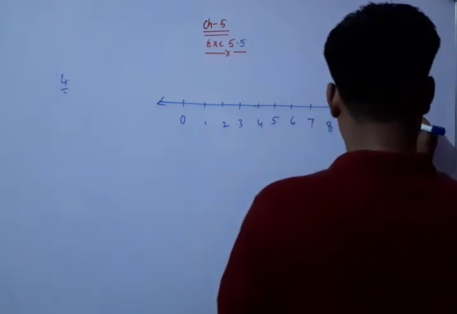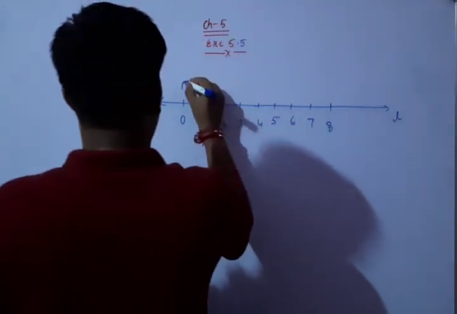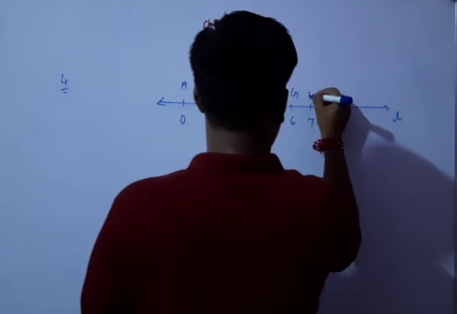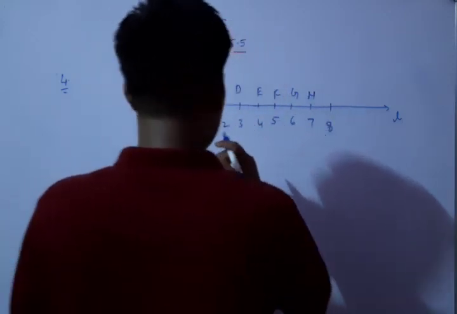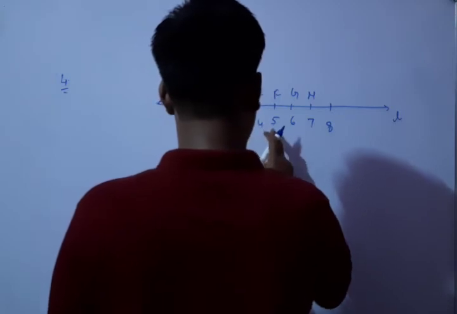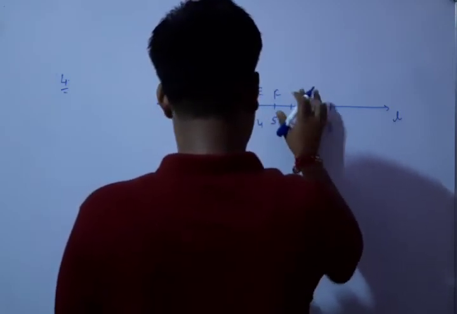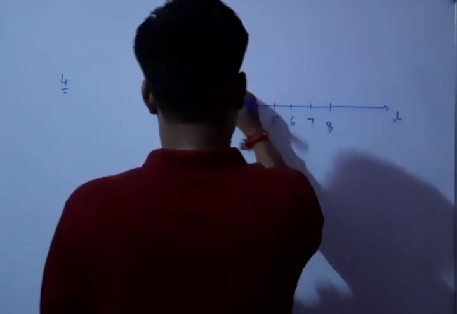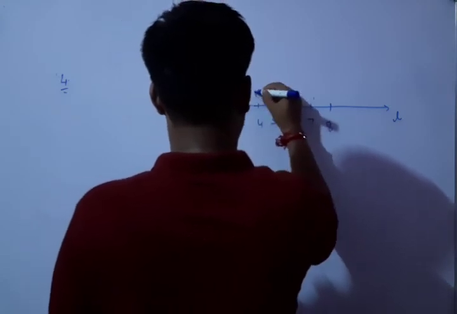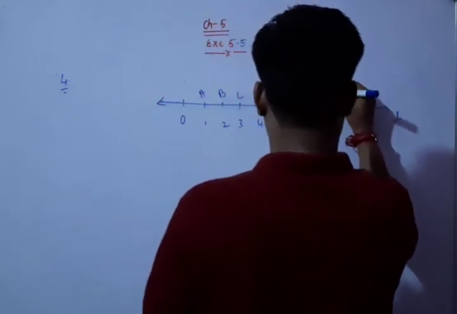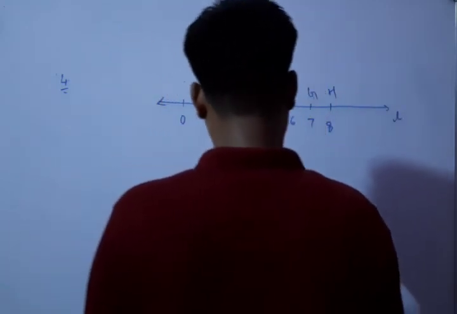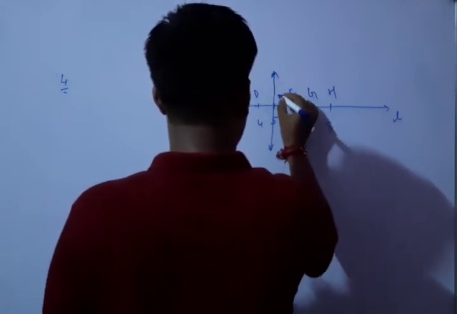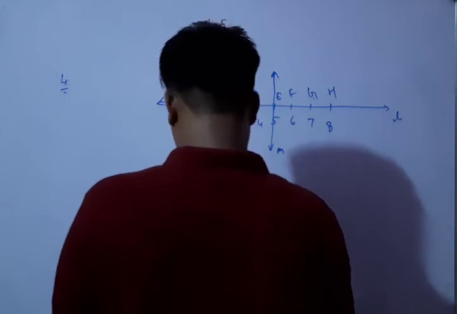L, A B C D E F G H. Now this is the line EM, which is perpendicular.